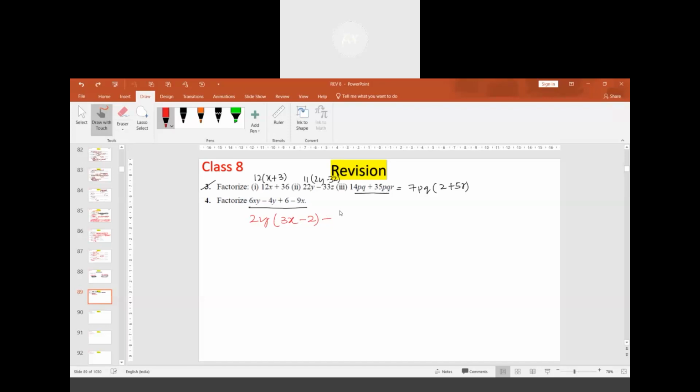Here we have minus 2, so if you take minus 3 as common, then only we get minus 2 plus 3x. Now these middle terms are the same. So 3x minus 2 is multiplied to 2y minus 3.